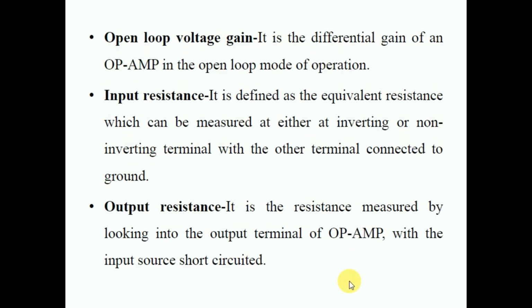So first we will go for the AC characteristics, or the general characteristics used by this operational amplifier, that is open loop voltage gain. Whenever we keep the operational amplifier in open loop, that means no feedback is there. That we will be able to understand in the next topics, which are inverting terminals and non-inverting terminals.